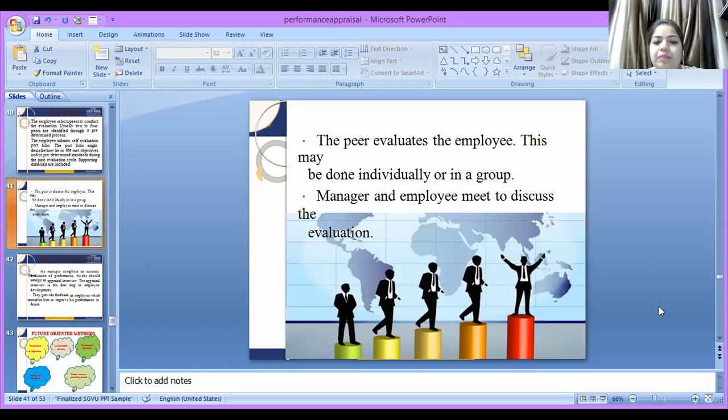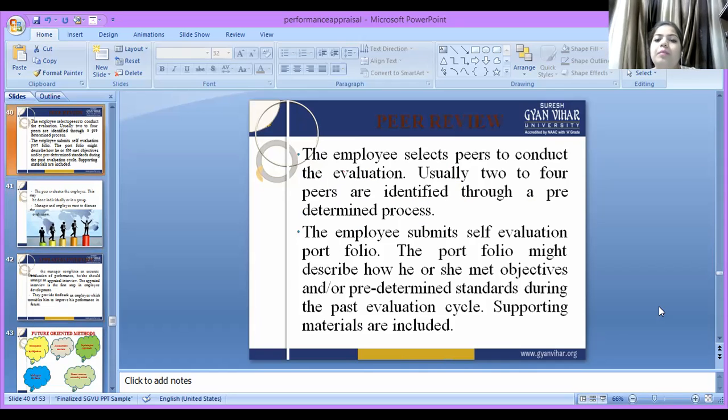So next we have the peer review. What is a peer review? In peer review, employees from the department are selected to conduct the evaluation of a particular employee's performance. That means in this method, two or four peers are selected for the question-answering process. The employee submits a self-evaluation portfolio. The portfolio might describe how he or she met the objectives of the organization.